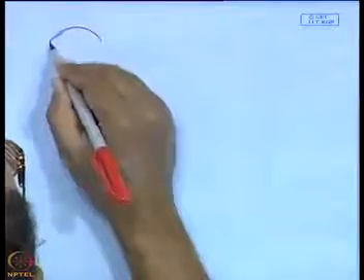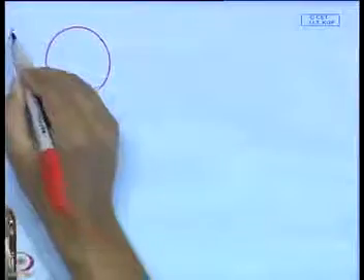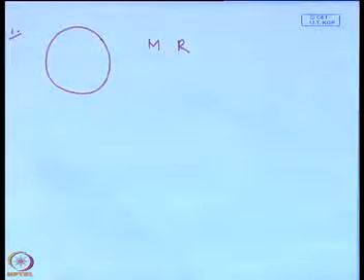In the first problem, we have a sphere like this, you can think of it as the sun or some other sphere of gas, and the sphere has mass M and radius R, and it is in gravitational equilibrium. So, if it is in equilibrium, the sphere satisfies the virial theorem.